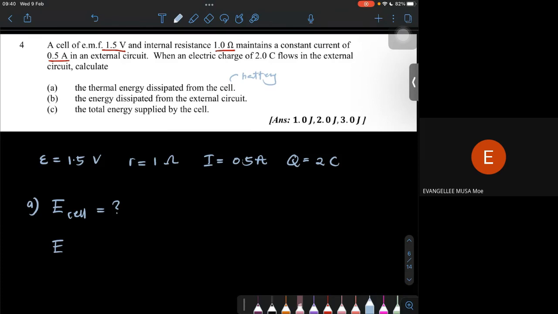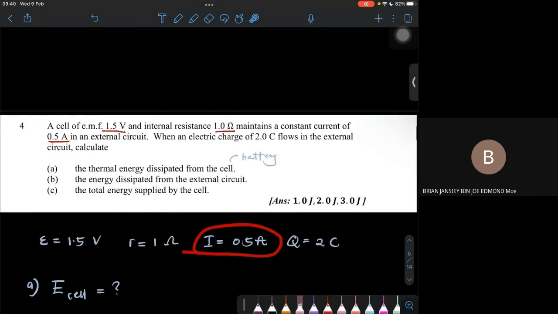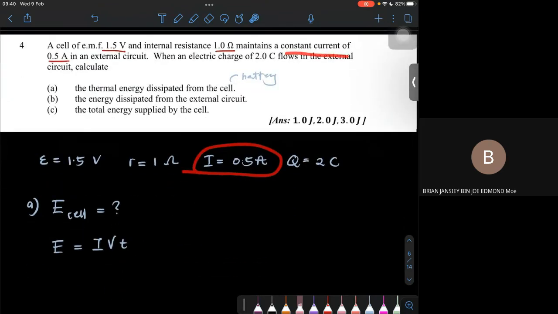What is the formula for energy? IVT, right? So energy is equal to I times V times T. Okay, so here we are given the value for I. Kita sudah ada I sebab dia cakap constant current, so maksudnya dia adalah series lah.